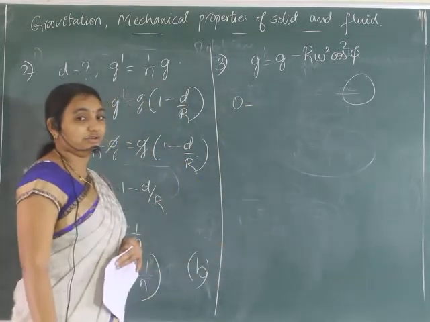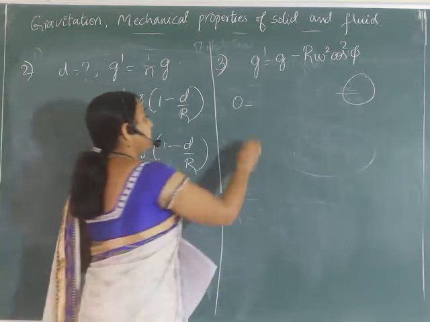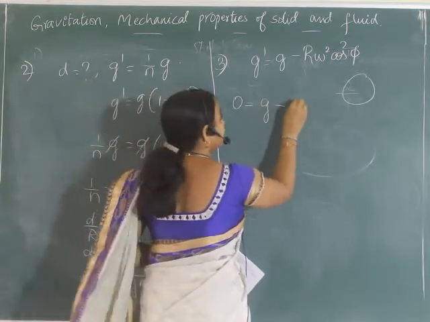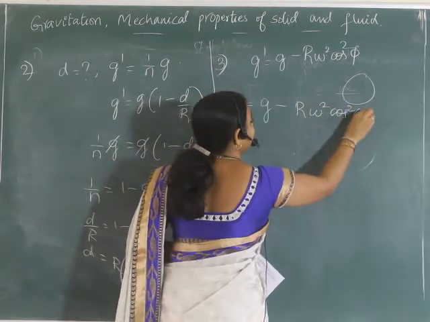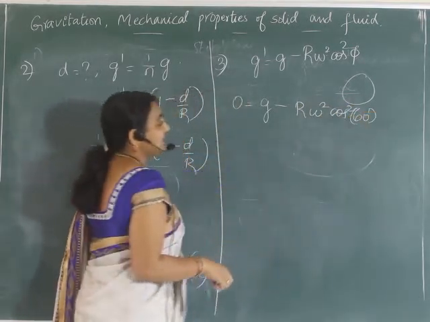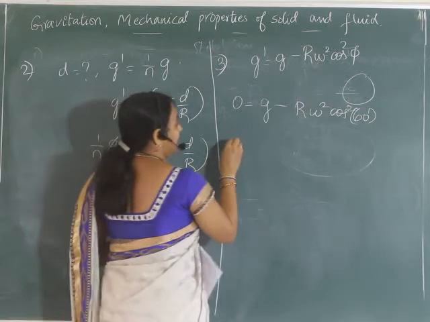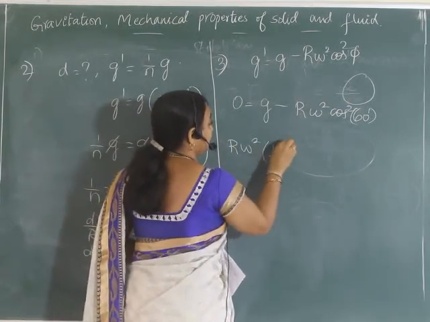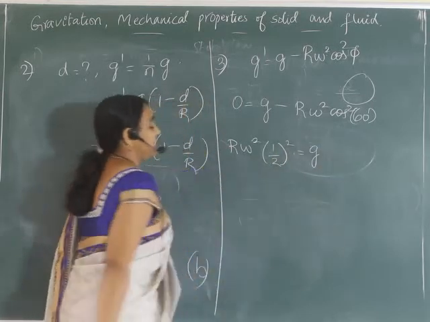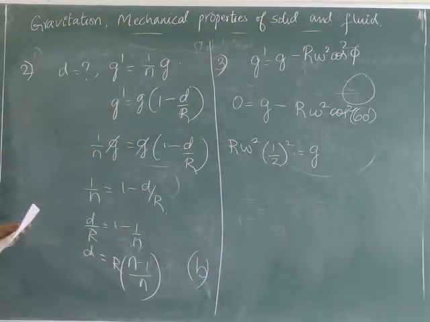So acceleration due to gravity should be 0, that is G minus R omega square cos square 60. Cos 60 is half. So I can write R omega square into half square is equal to G. Or else, what can I write?